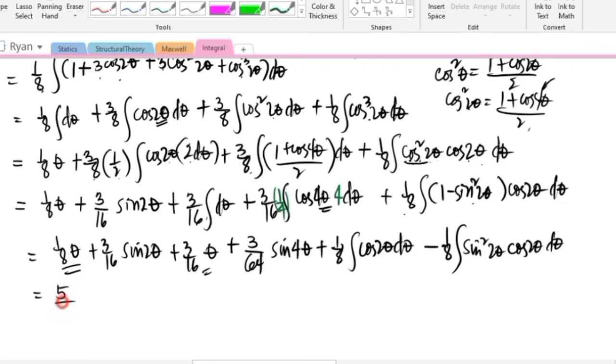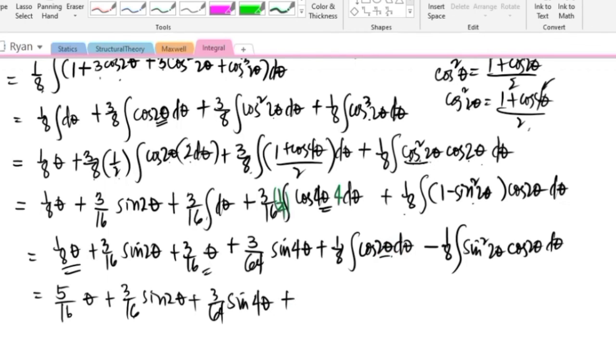So this is 5/16 theta plus 3 over 16 sine 2 theta plus 3 over 64 sine 4 theta plus dito, so the derivative of 2 theta is 2 d theta.